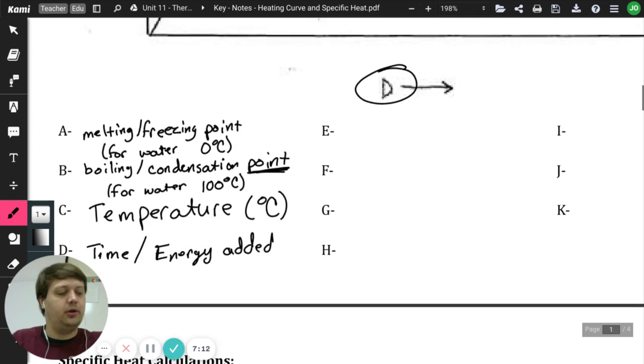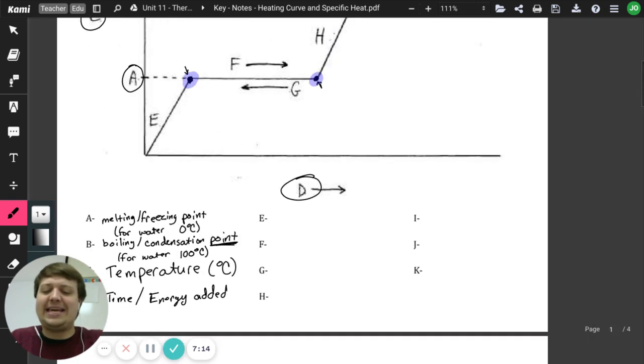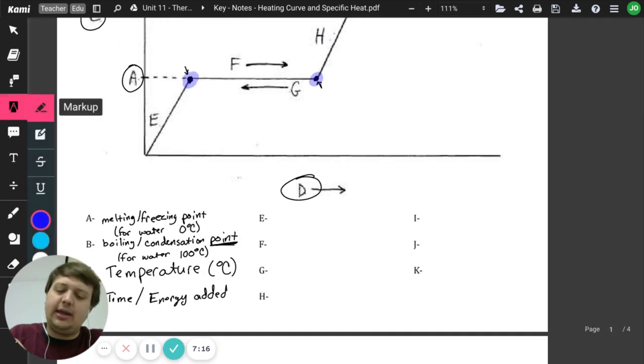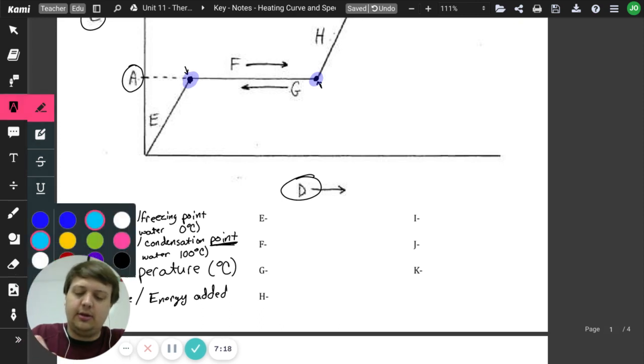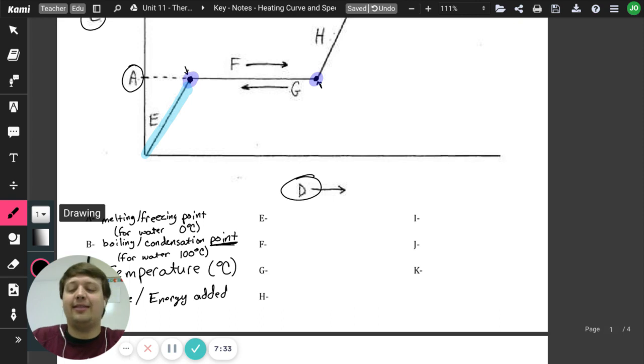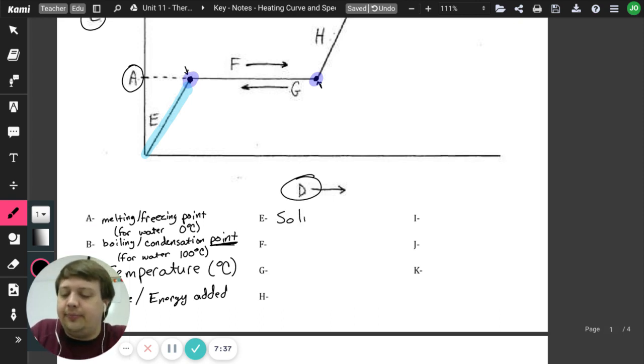All right. Next we have E. E is representing this line right here. Looking at that line, we've got the least amount of energy at the lowest temperature. Lowest temperature, lowest energy, that would tell us that that is the state of matter being a solid.